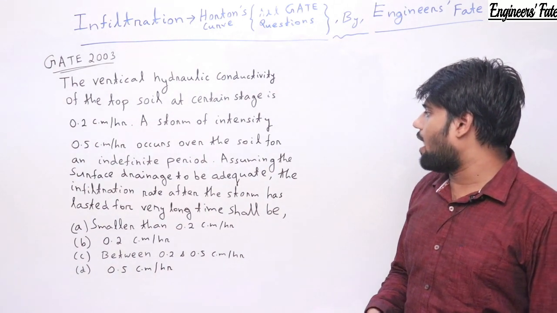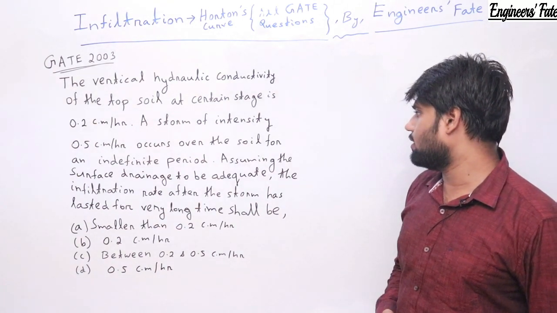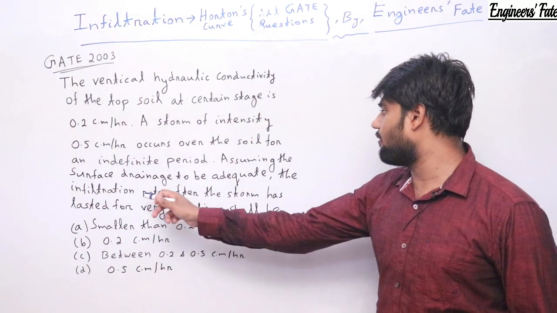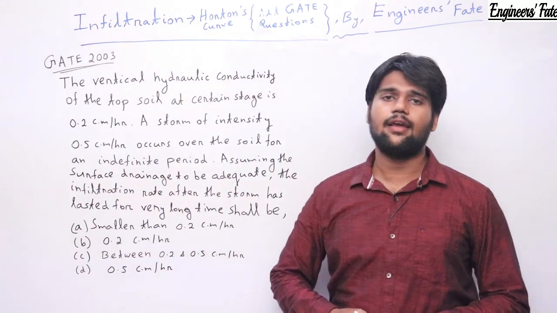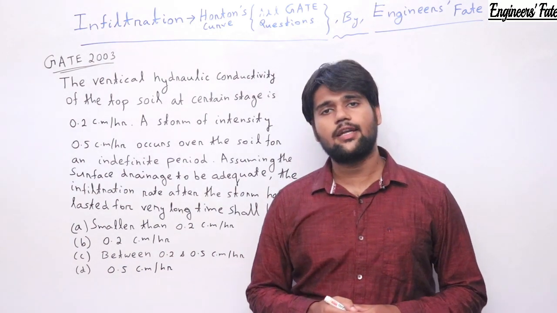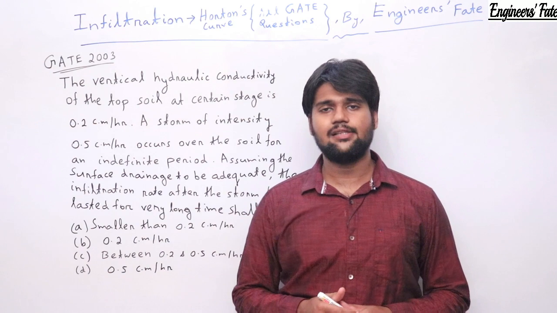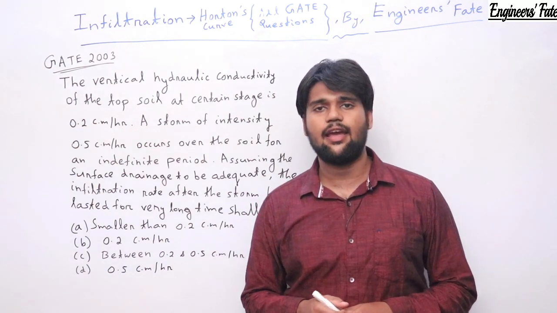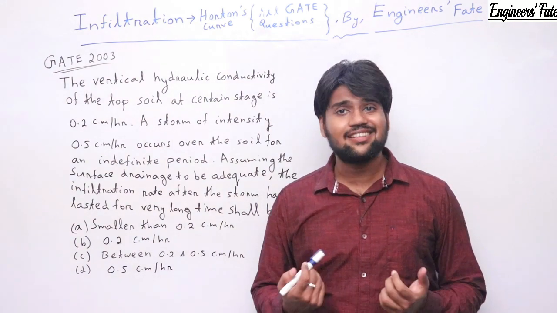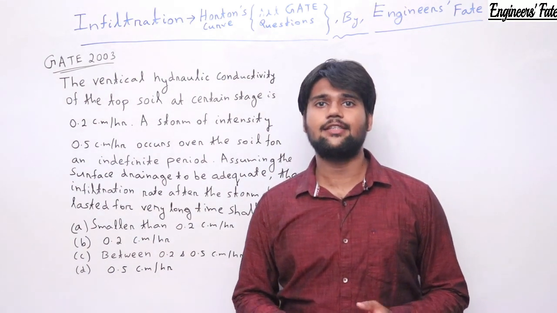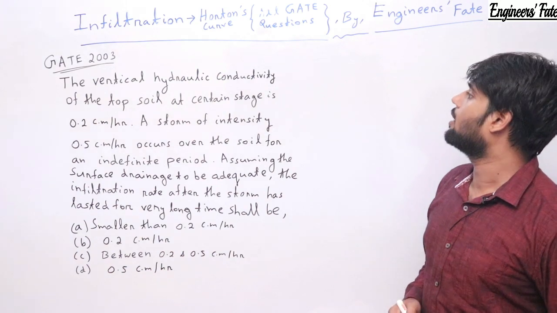Then he has asked us to find the infiltration rate after the storm has lasted for a very long time. Means he has asked us to find F actual, but in this question has he given the value of F capacity? Yes, he has given.